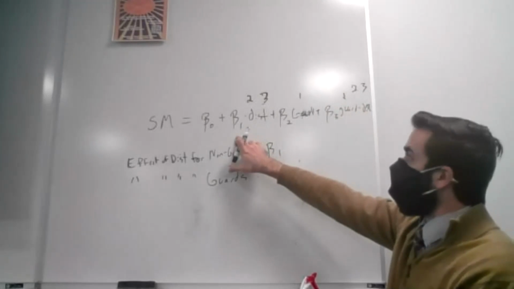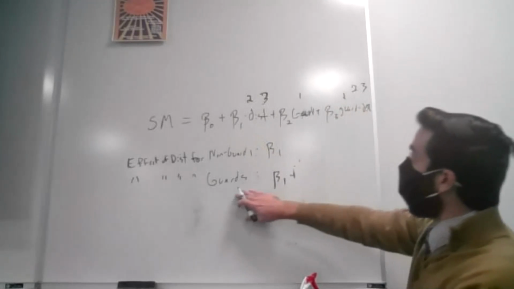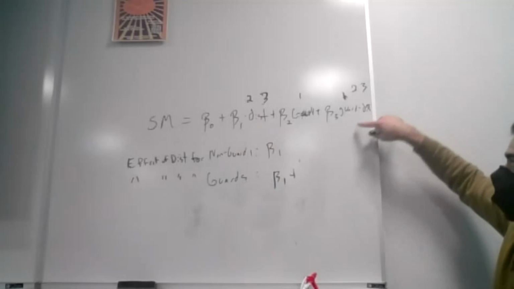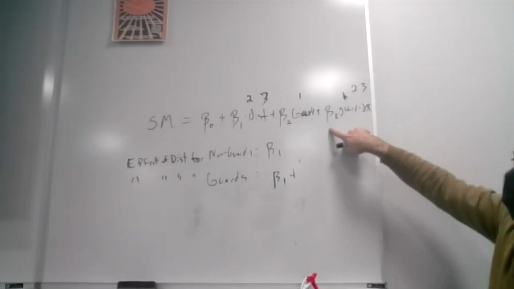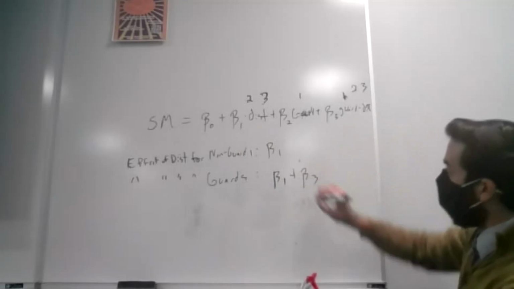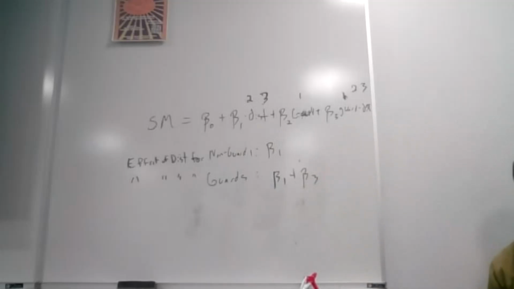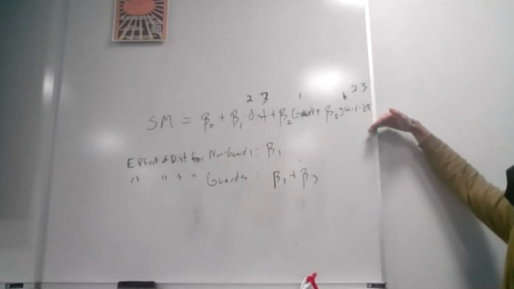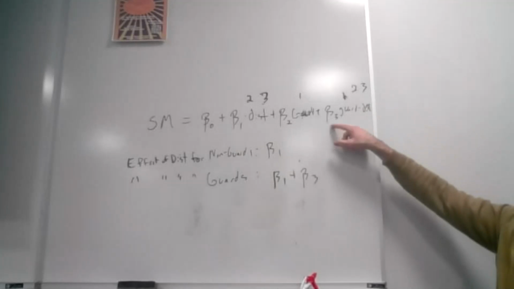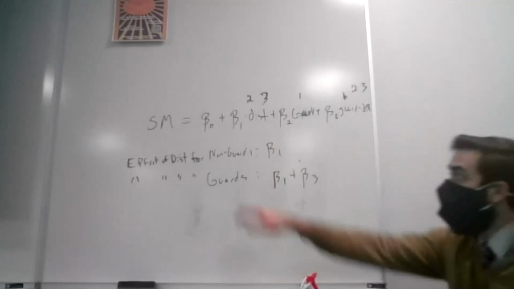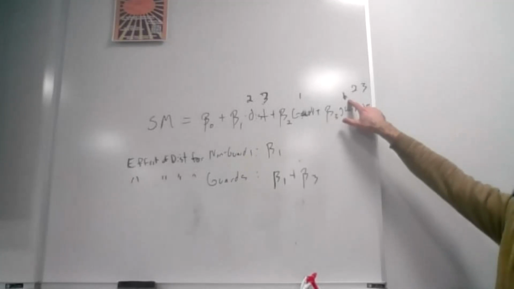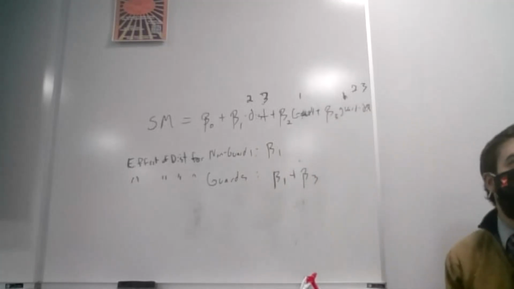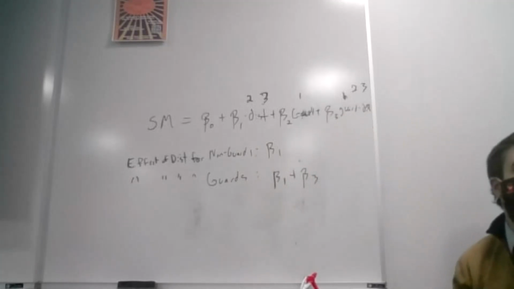So now the total effect is beta 1 for a guard, but also because this is now 1, a 1 unit change in distance for a guard will add in beta 3 as well. For a non-guard, this is 0, so the 1 unit change in distance has a 0 effect, because for that group this would be equal to 0.